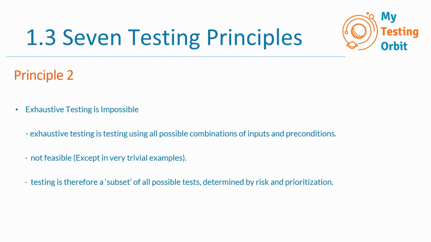Principle number 2, exhaustive testing is impossible. Exhaustive testing is testing using all possible combinations of inputs and preconditions. Okay, so let's take an example of a calculator. If you have to test a calculator, just imagine how many combinations you have to use. So let's say that it's a 10-digit calculator.